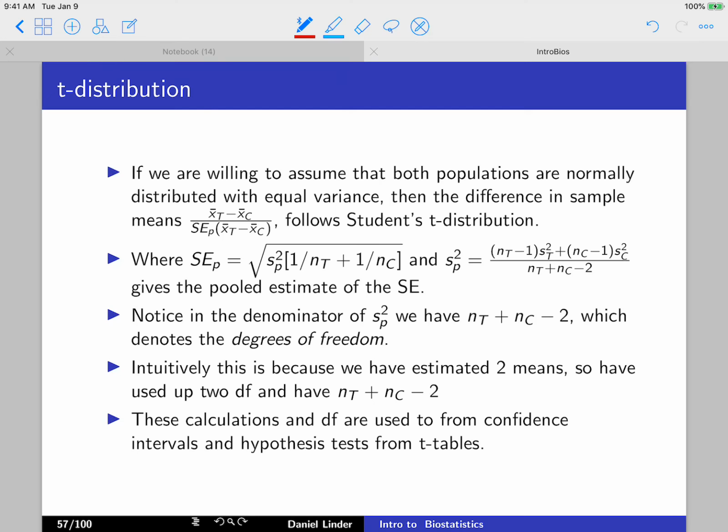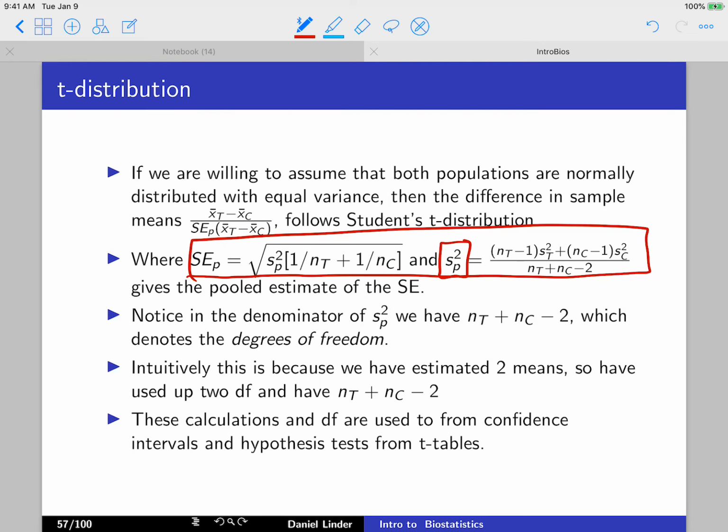So this pooled estimate of the standard error looks like this, and it's not really important to know the exact definition of these formulas. Really, what you need to know is this pooled estimate S sub p squared is a weighted average of your individual variances here.